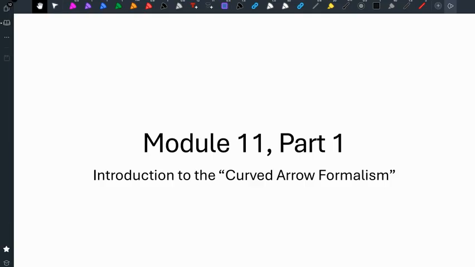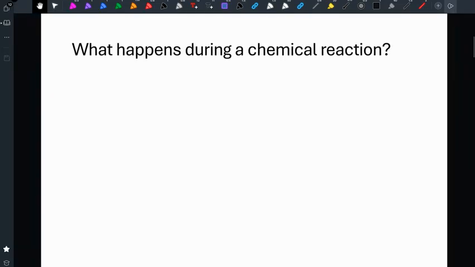So the idea is this: in chemistry, we have reactions that happen, and you need to first identify what's going on in a chemical reaction. Fundamentally, what happens during any chemical reaction? I want you to think about that for a second.